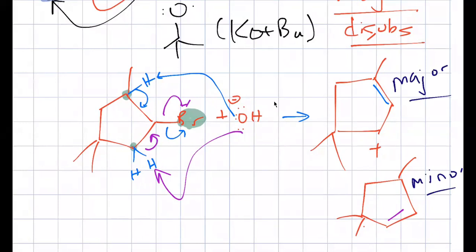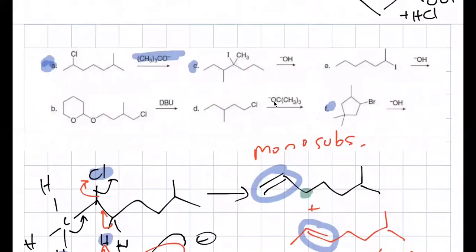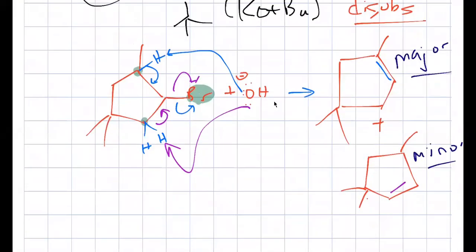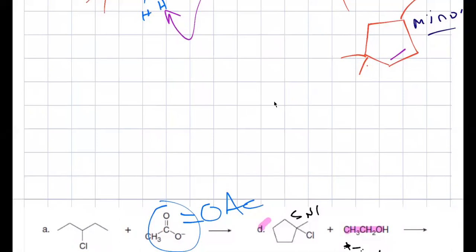All right. So the last one is a little tricky because you're actually going to make 3 products. Let me draw that out. Should add another page here. Hold up.